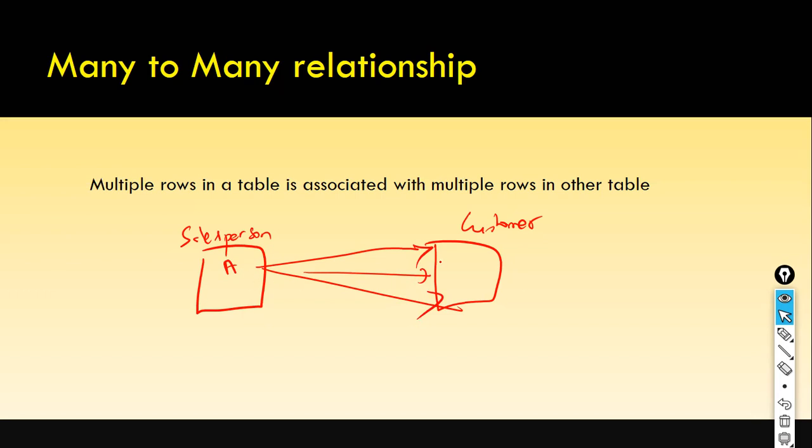Let's say customers 1, 2, 3, three different customers this person interacted with in the past, and each customer was interacted with not only by a single salesperson, but other salespersons also. So multiple rows in this table are associated with multiple rows in the other table. This is what is called your many-to-many relationship.